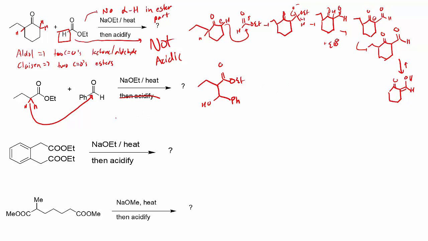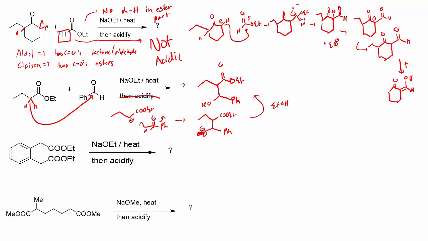Okay, we're going to make the anion. It's going to add, and comes initially as the negative, and we're going to just protonate that with ethanol.